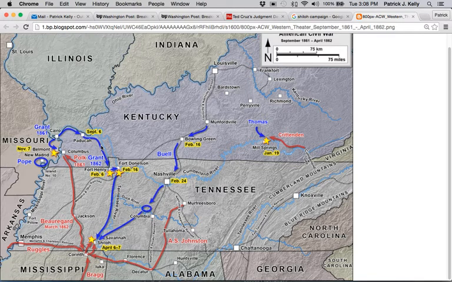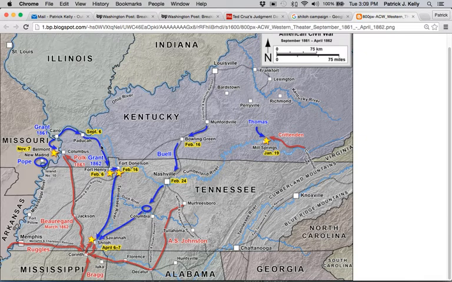I'll send this map on the announcement that I give when the podcast is posted. But Corinth, Mississippi was a very important objective for the Union troops, because of the railroads that went through Corinth. The Memphis and Charleston Railroad goes through Corinth, and railroads were hugely important in terms of being able to move troops and goods throughout the South.